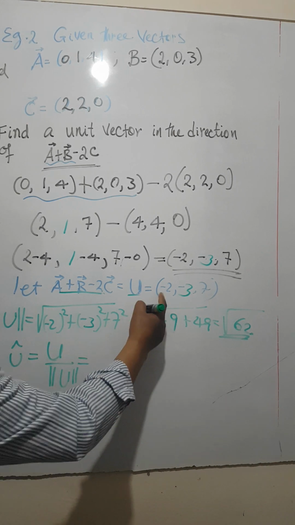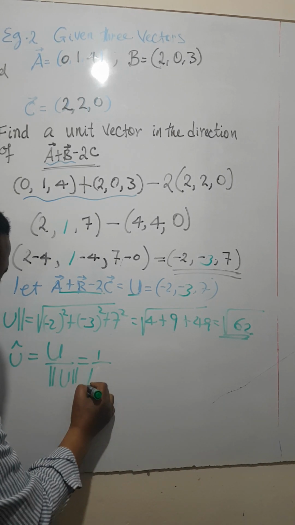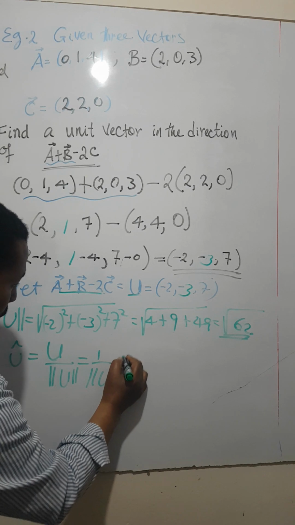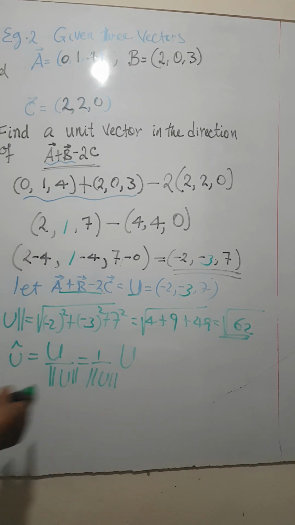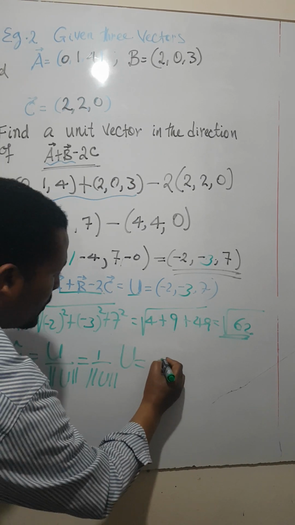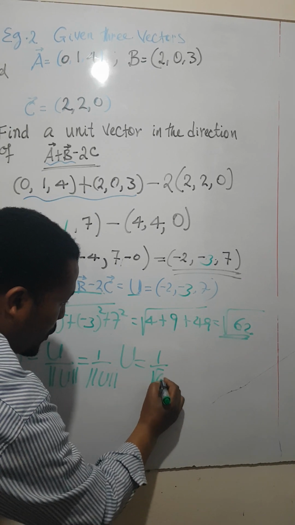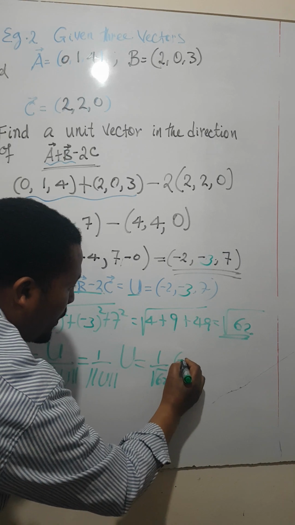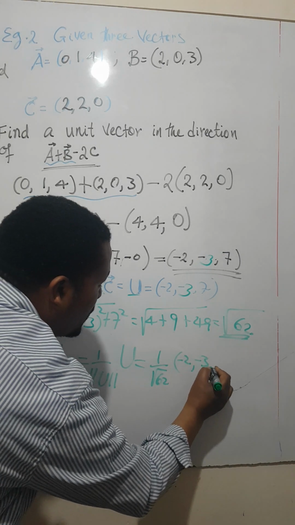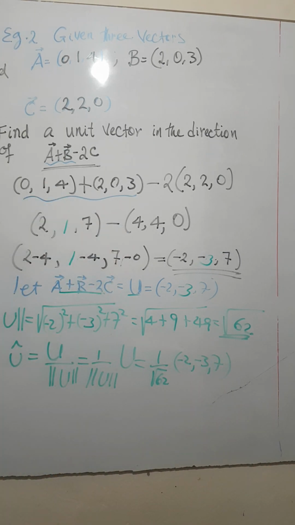So 1 over square root of 62 times negative 2 comma negative 3 comma 7 is the unit vector along this vector.